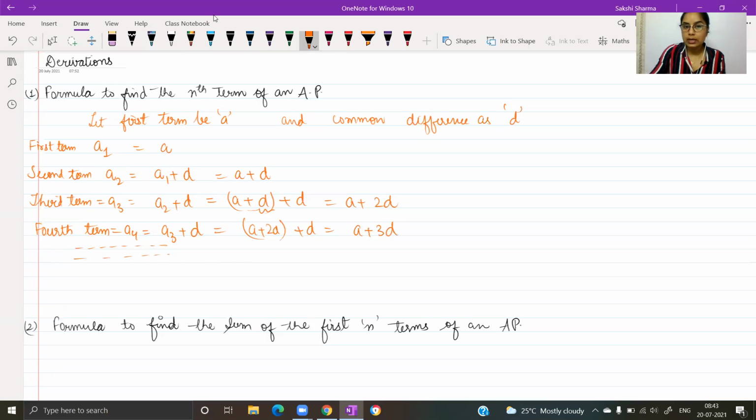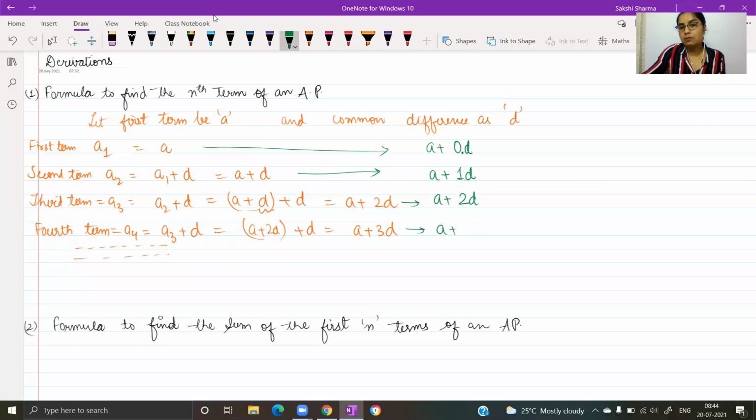Now, looking at the pattern formed here, you just have to generalize this. आपके पास जो पहली term है, there is no common difference added to the first term. Whereas, while writing down the second term, first term में हमने common difference को एक बार add किया है. Third term के लिए हमने first term में twice the common difference add किया है.